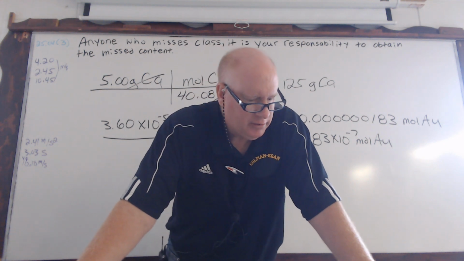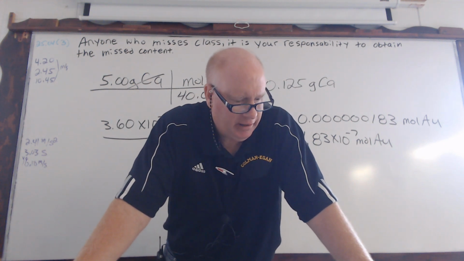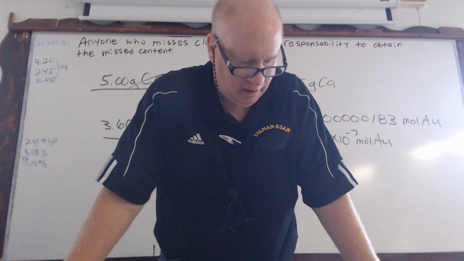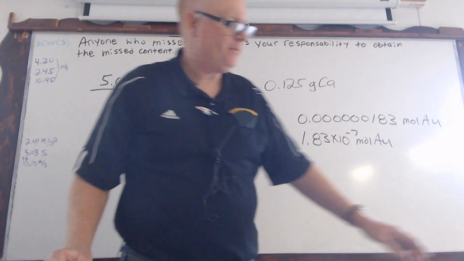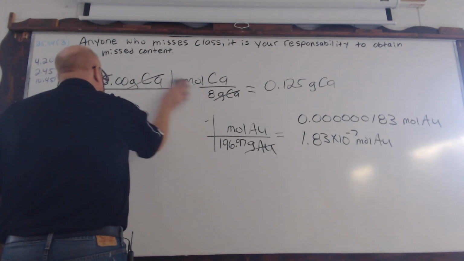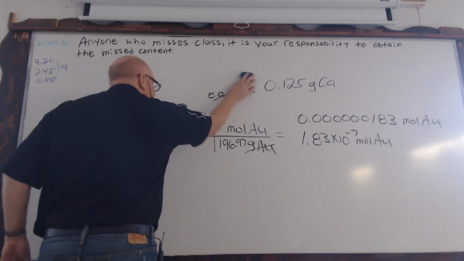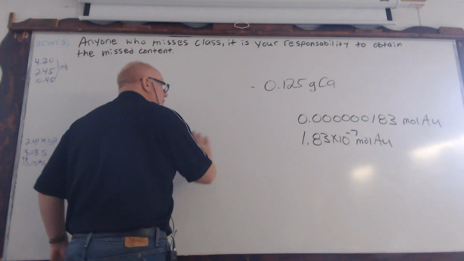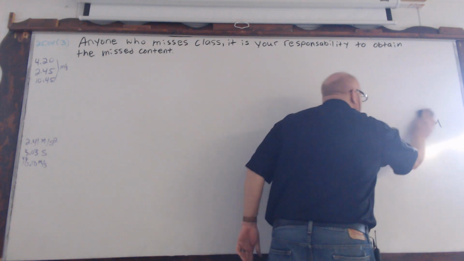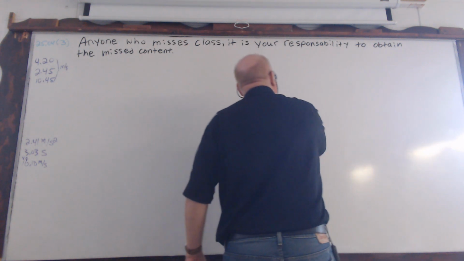Okay, so how many moles of lead are in 1.50 times 10 to the 12th atoms of lead? Let me be clear. You're going to be using Avogadro's number. So remember, it's a counting unit, and for every mole of a substance, that's how many atoms you have in Avogadro's number.